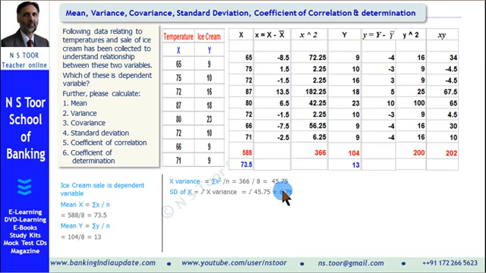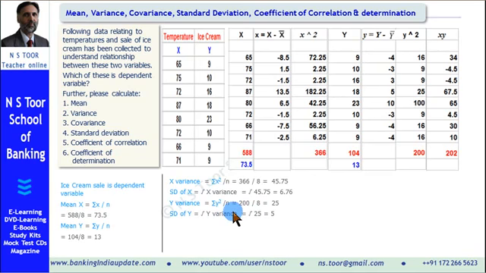In the same way, we will calculate y variance. So y variance will be equal to summation y square divided by n. Summation y square is 200 divided by number of items, that is 8. 25 is the variance in respect of y variable. To calculate standard deviation, so we shall calculate square root of y variance.